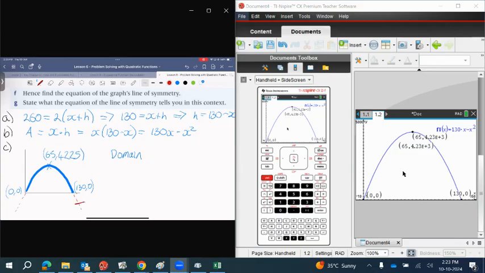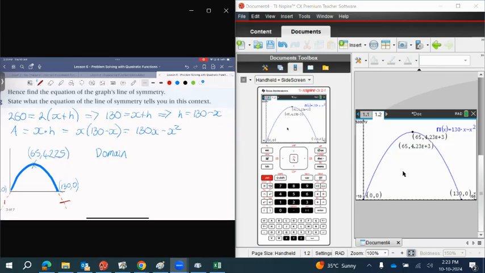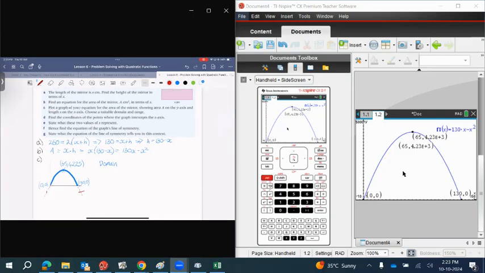A negative number. Can we have negative area? No. What would the x value be here? Negative. So the length of one of the sides is going to be negative. That doesn't make sense, does it? When it comes to length and area, we can't have negative values.